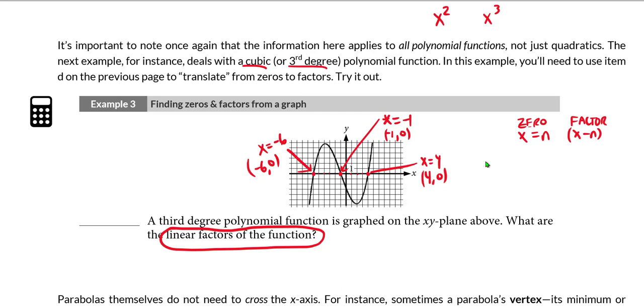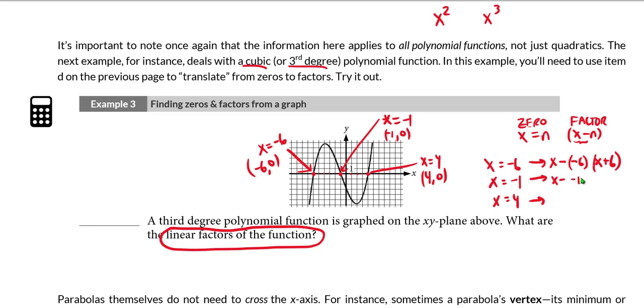So if I'm taking my zeros of x equals -6 and x equals -1 and x equals 4, and I want to convert to my factors, well, remember, all I really have to do is put an x minus in front of those zeros. So x minus -6, remember that just becomes x plus 6. So there's one factor.